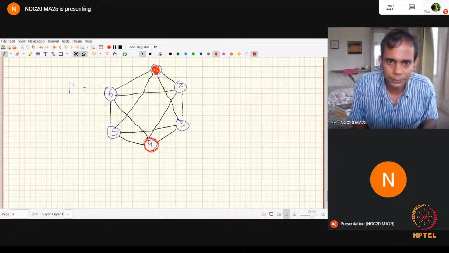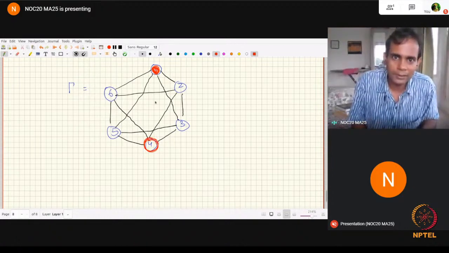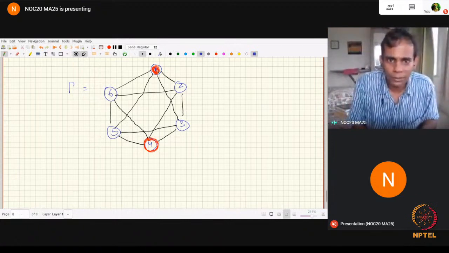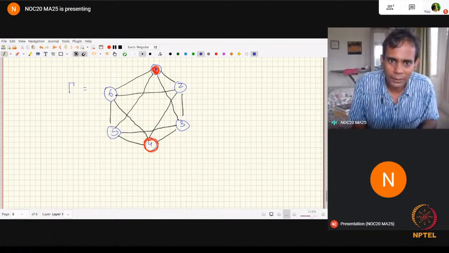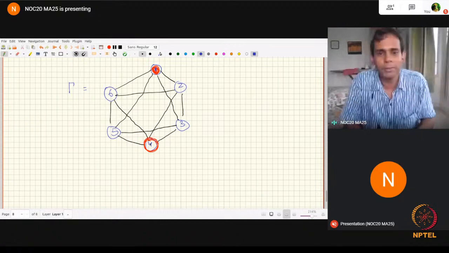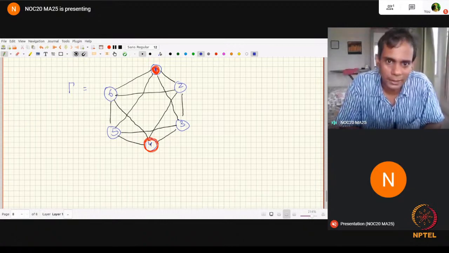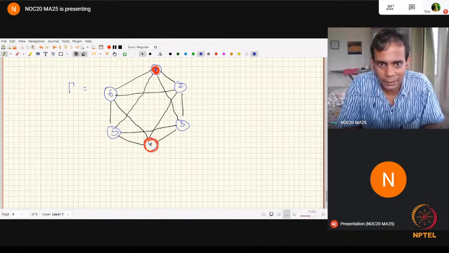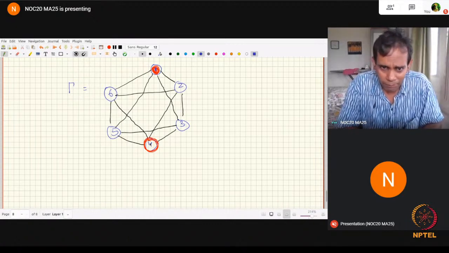So relative to 1, 4 is somehow special. If an automorphism fixes 1, it will also fix 4 because 4 is the only vertex which is not connected to 1. So the automorphism fixes 4 and 1.